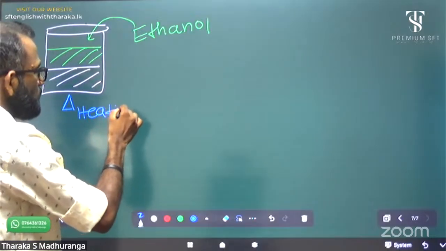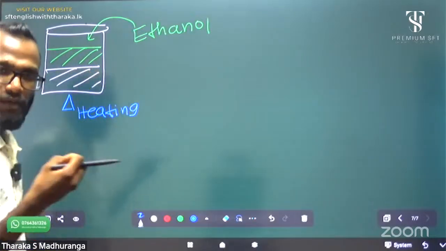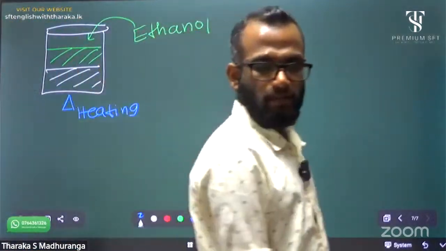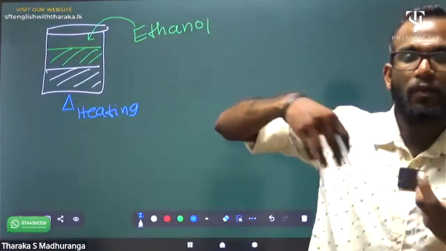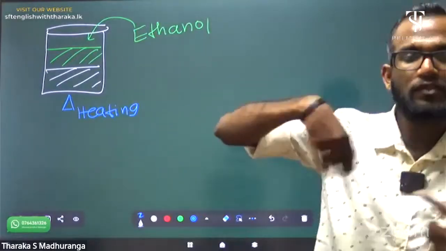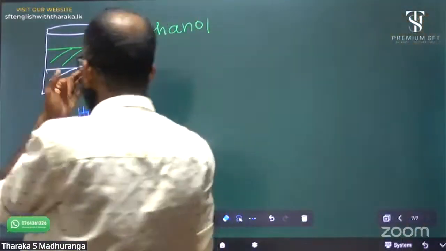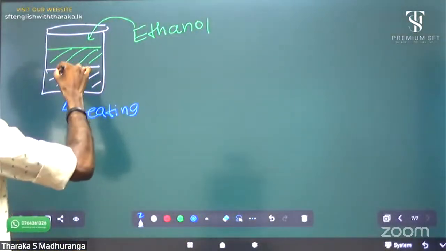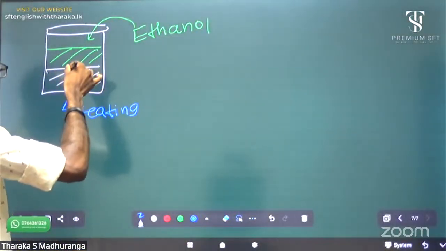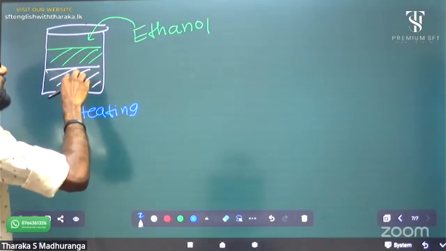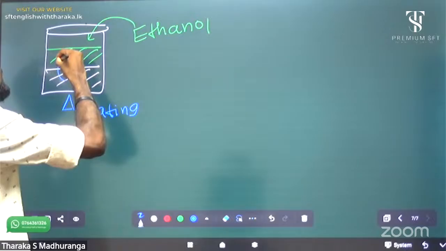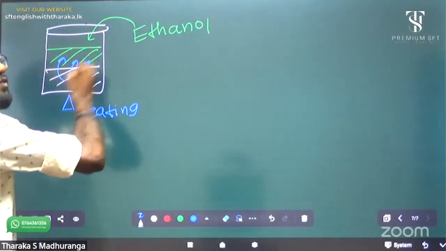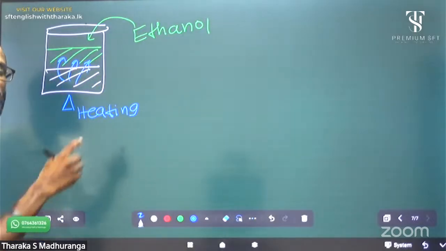In the heating process, this paraffin wax again melts and converts completely into one solution. In this process, what happened? The particles in the wax that contain the compound go to the ethanol, dissolved in ethanol.